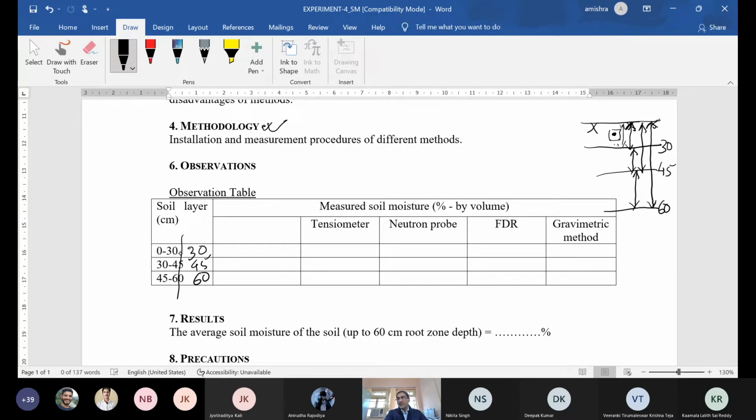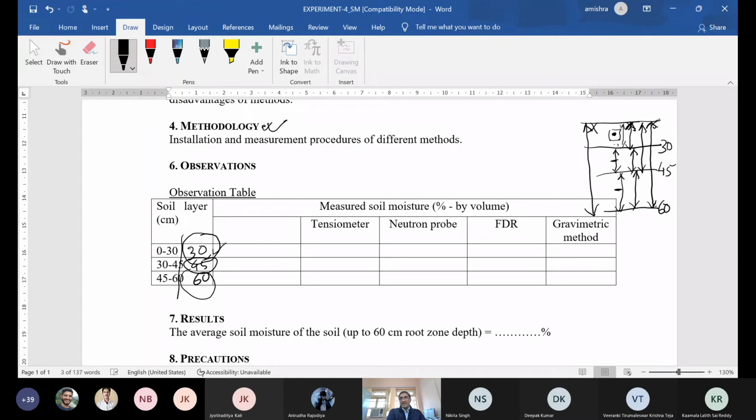In this way, we find the correct soil moisture content first in different layers, and then we can combine this approach to find the average soil moisture content of the whole 60 centimeter depth of soil. However, here we have only observations for three depth points, 30, 45, and 60 centimeter.